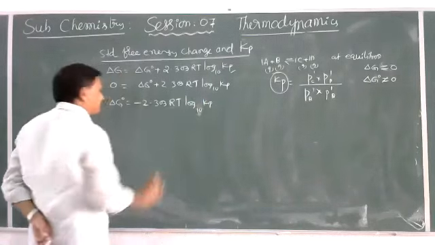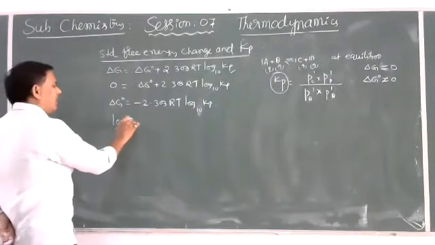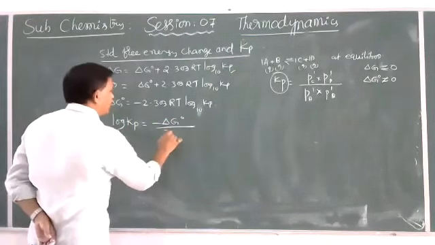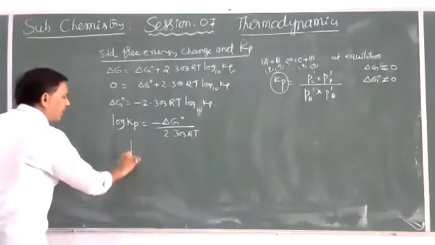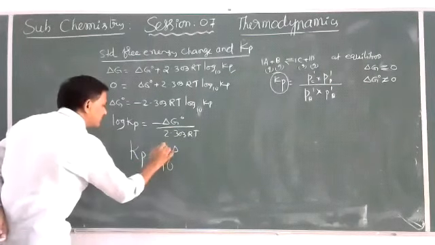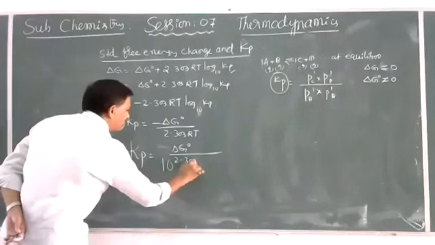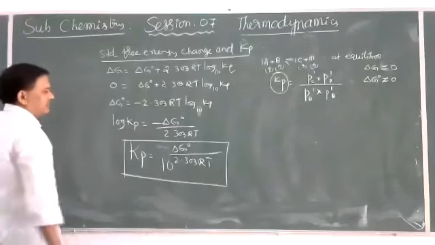Or we can write log Kp equals minus delta G naught by 2.303 RT. Or Kp equals 10 to the power minus delta G naught by 2.303 RT. This is a very, very important relation.